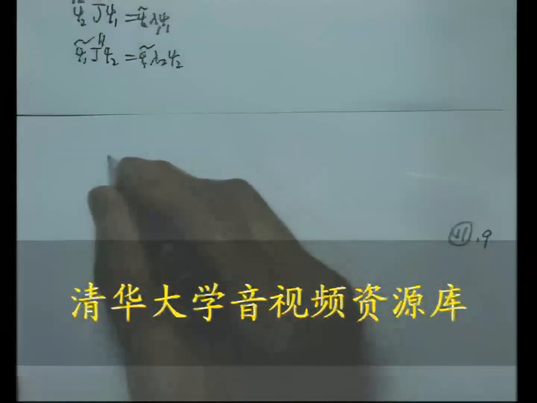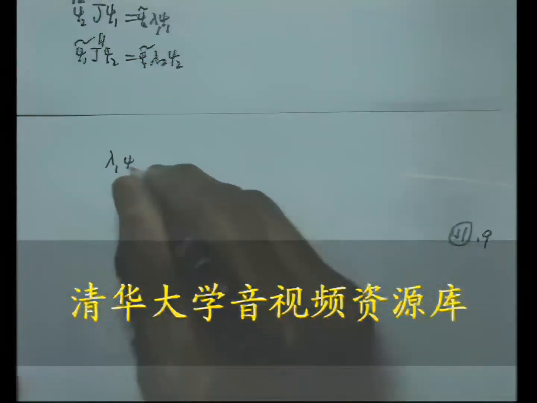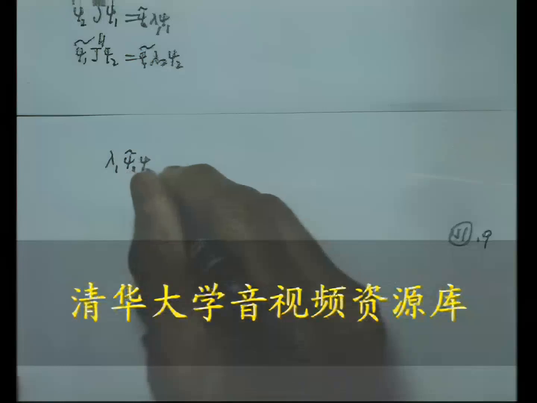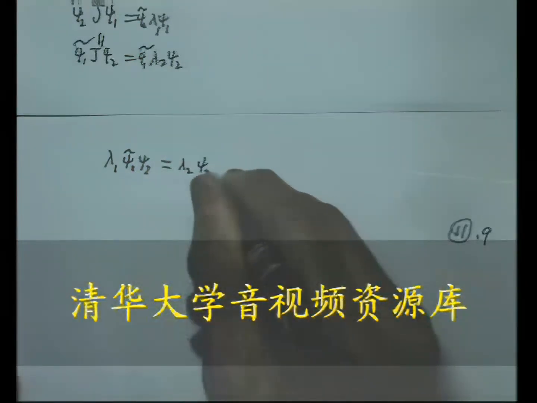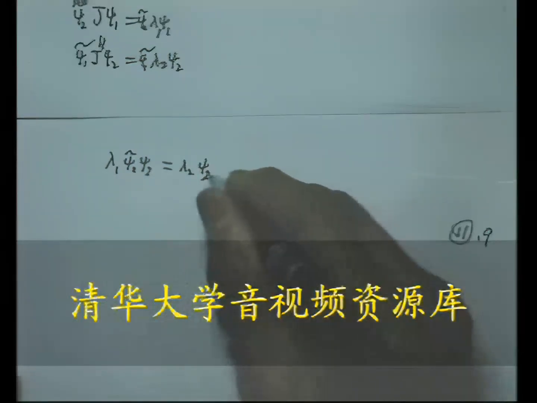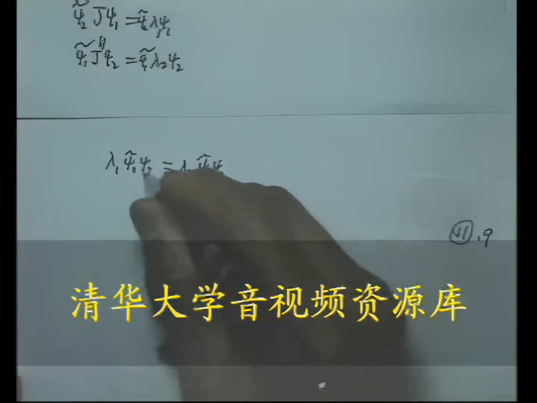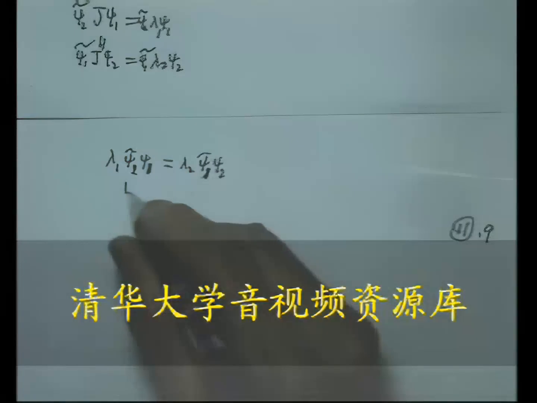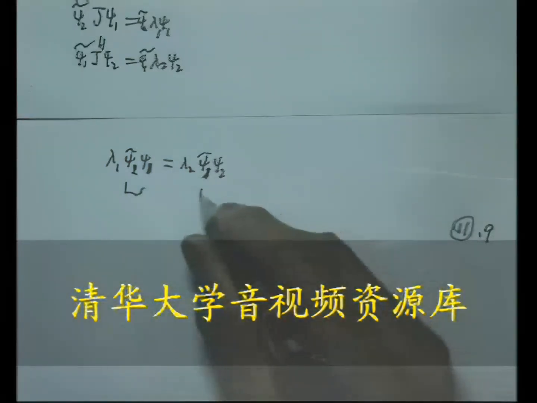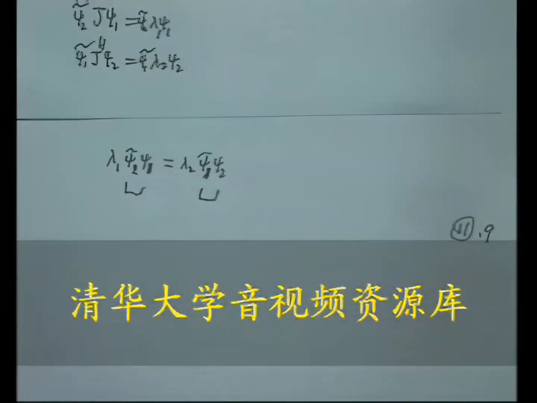So we have proven lambda 1 psi 2 tilde psi 1 is equal to lambda 2 psi 2 tilde psi 1. But psi 2 tilde psi 1 is equal to psi 1 tilde psi 2 because they are tildes of each other.